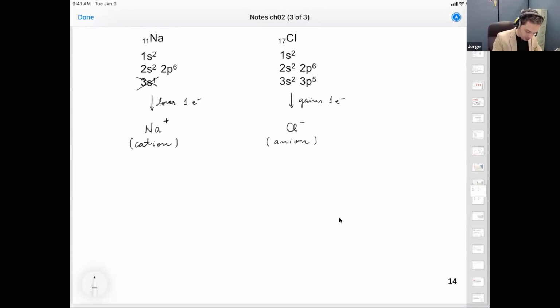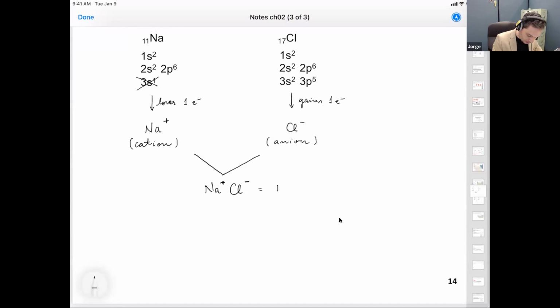Therefore, sodium is going to combine with chlorine. So let's write like that, and form Na plus, I'm going to put the charge here so we can remember, Cl minus. Okay, so you don't need to write the charges all the time.